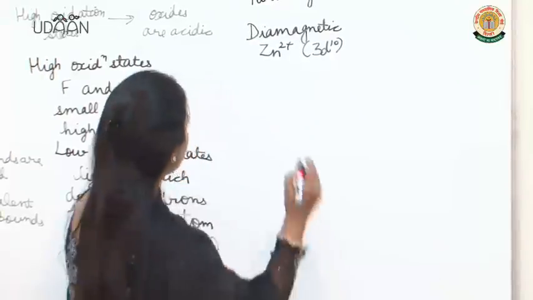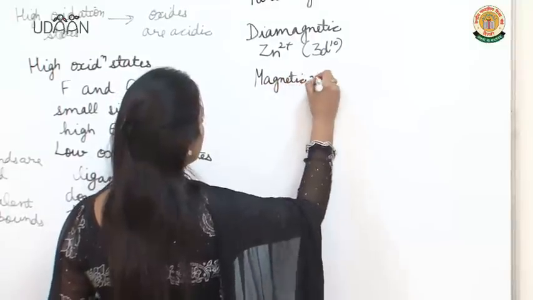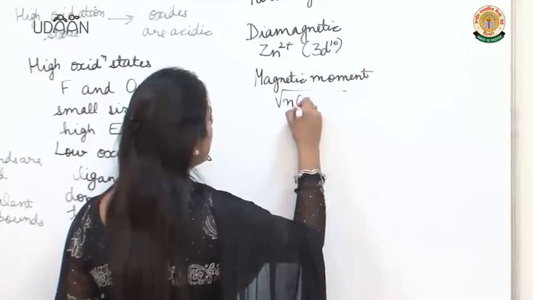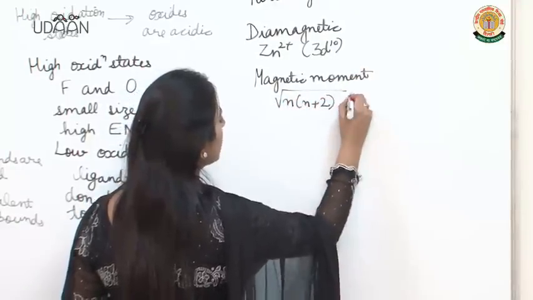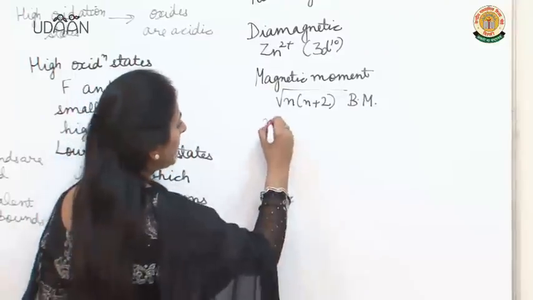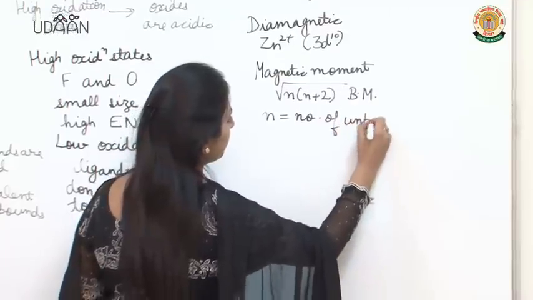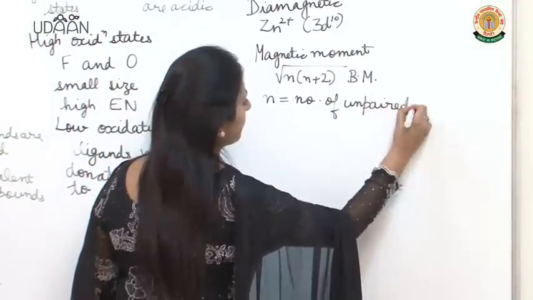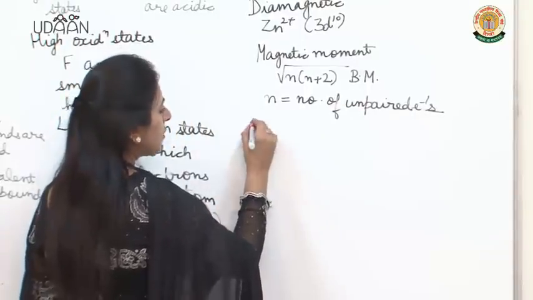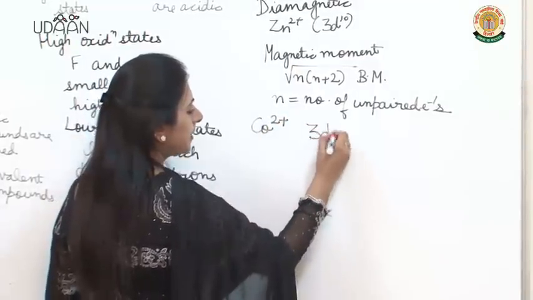Now if I have to calculate the magnetic moment, how will I calculate it? The formula is under root n into n plus 2 Bohr magneton, where n is the number of unpaired electrons. So if I have to calculate the magnetic moment for cobalt 2+, it is 3d7.